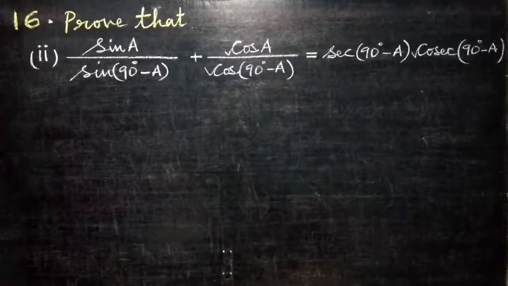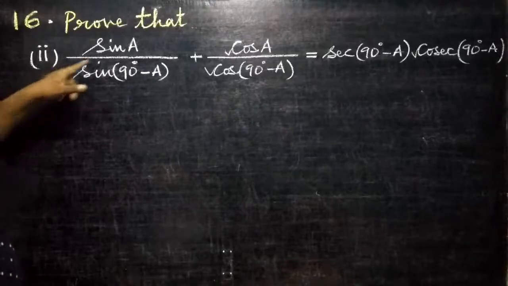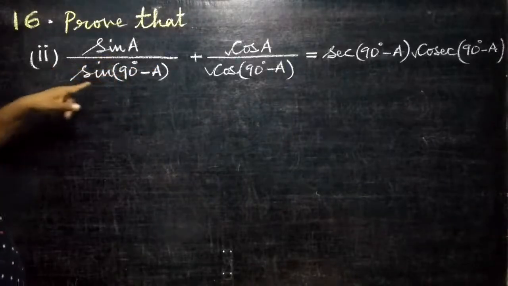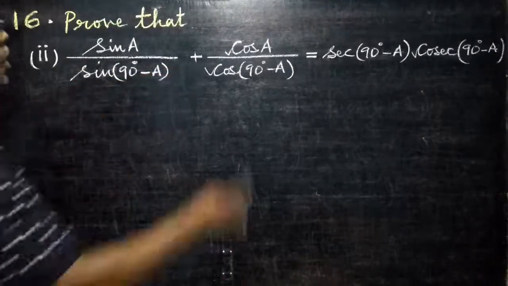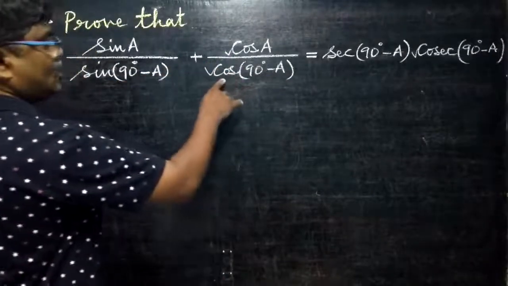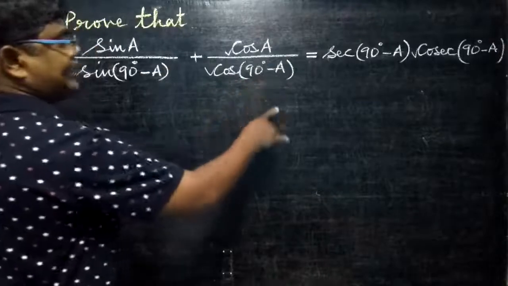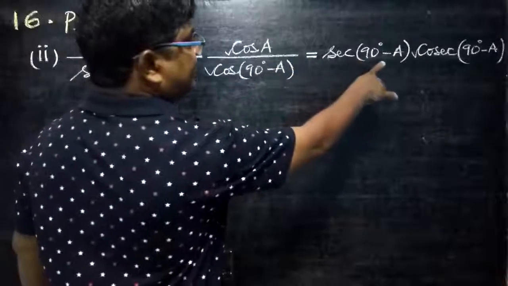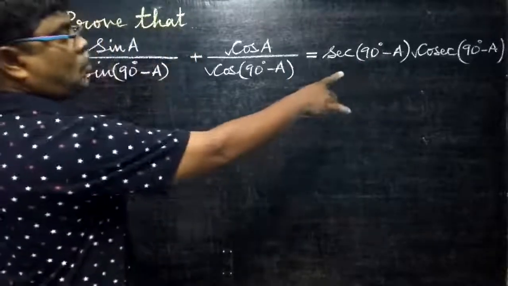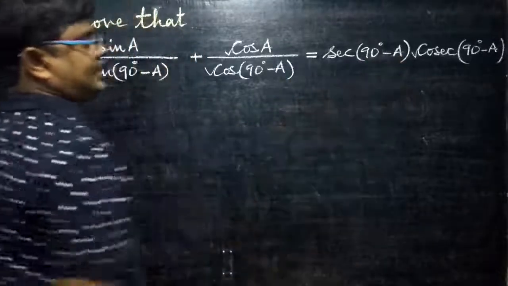16th problem. Prove that sin A divided by sin(90 degrees minus A) plus cos A divided by cos(90 degrees minus A) is equal to secant(90 degrees minus A) into cosecant(90 degrees minus A).